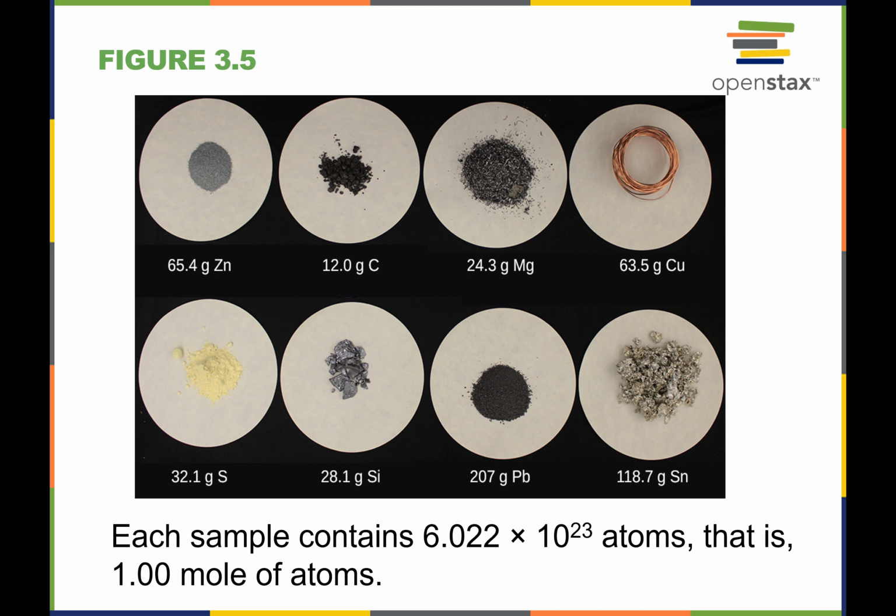By the way, tin, Sn, that is one of the relationships you're going to have to memorize. So if we looked on a periodic table, these decimal numbers would match up to what the periodic table said, because the caption says this is representing 1 mole of atoms of each of these types of elements.